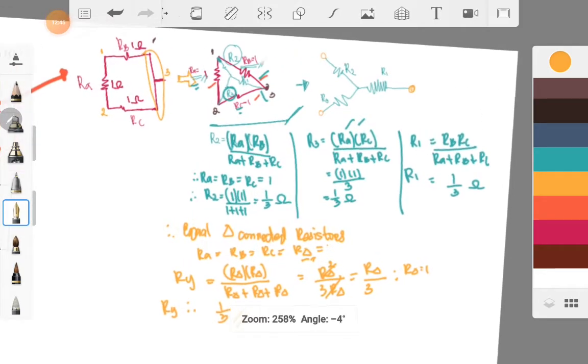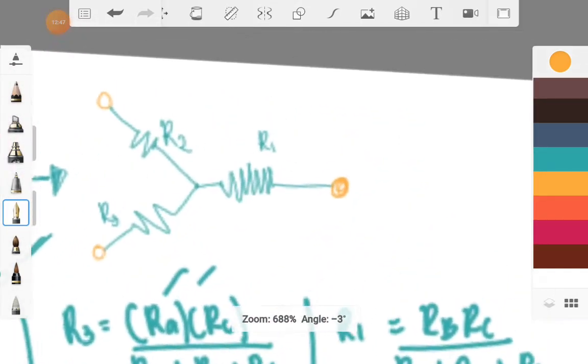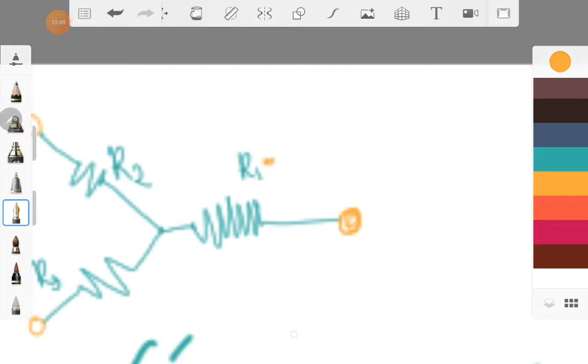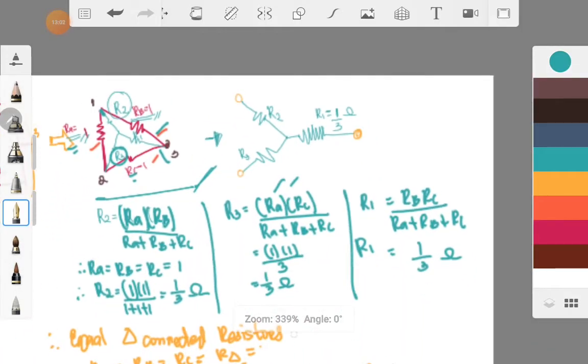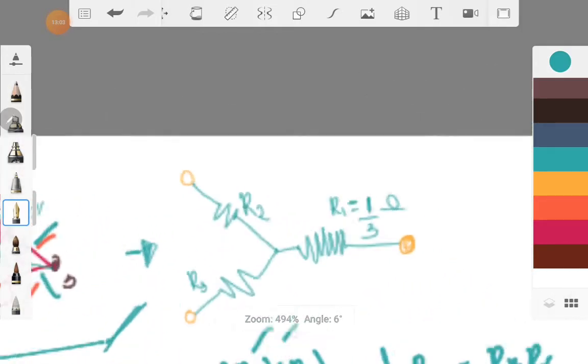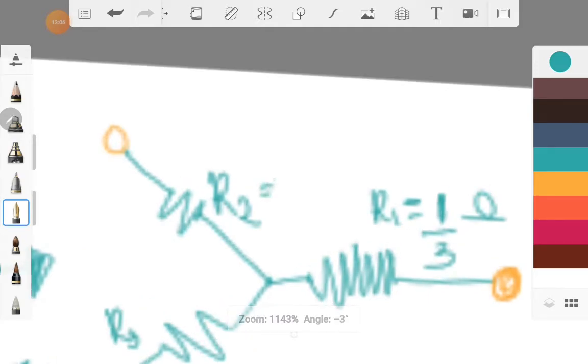So since you already know your R1, R2, and R3, which is equal to 1/3 ohm. Tama ba? So this is our R1, R2, and R3, 1/3 ohm. Your R2 is also equal to 1/3 ohm.